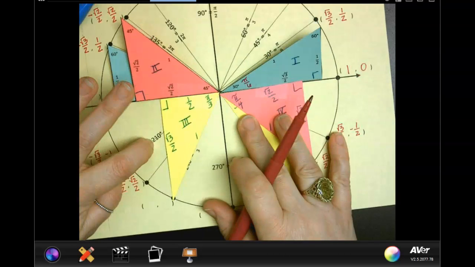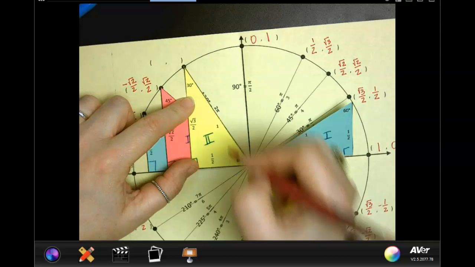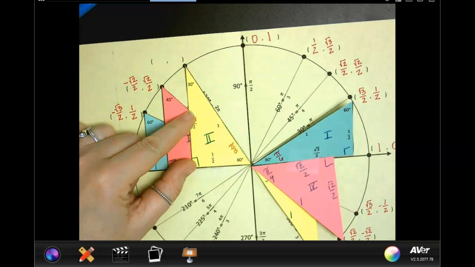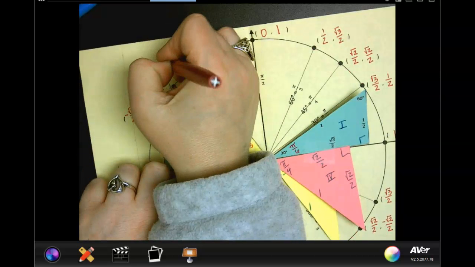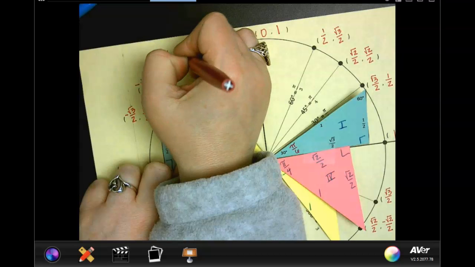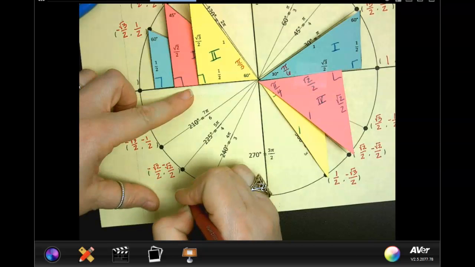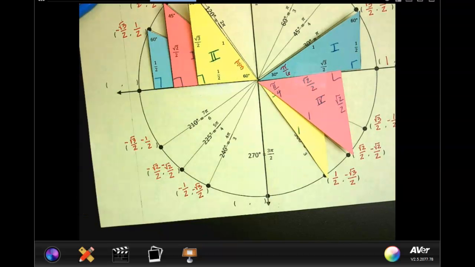And then we reflect this up. And this is pi thirds. So this is going to give me negative 1/2, square root of 3 over 2. And then down in the third quadrant, I'm going to get negative 1/2, negative square root of 3 over 2.